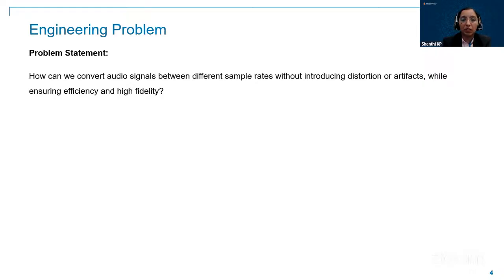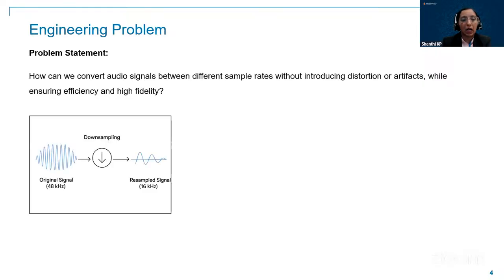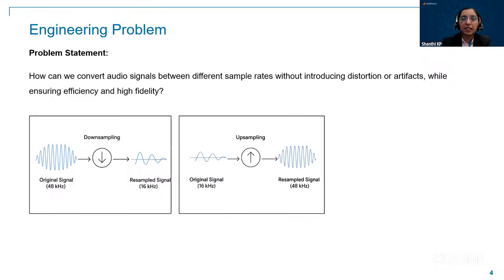To explore this, we'll look at three common scenarios of resampling. First is downsampling a signal, where we reduce the sampling rate while ensuring that aliasing is eliminated through proper filtering. Second is upsampling a signal, where we increase the sampling rate and use filtering to suppress unwanted spectral images.